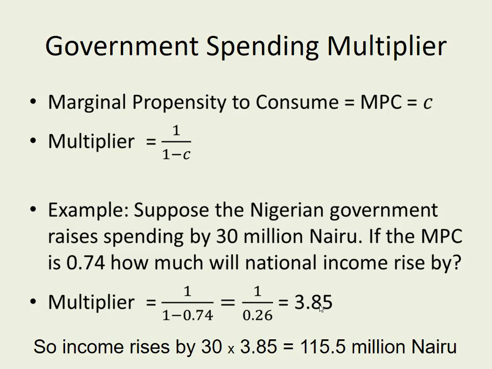Once you have the 3.85, you multiply that by the increase. So 30 times 3.85 is 115 million. So in Nigeria, we'd estimate that an increase of 30 million in government spending increases demand by 115 million. It's a much bigger multiplier effect.